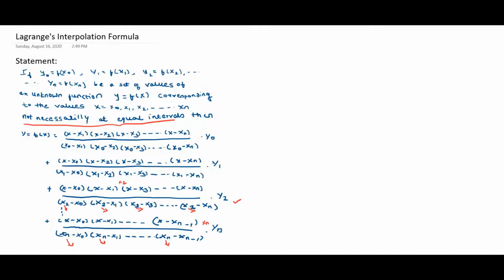Similarly, at last xn is absent in the numerator but in the denominator each bracket starts with xn only. The term which is absent in the numerator, in the denominator each bracket starts with that term. So this is called Lagrange's interpolation formula.